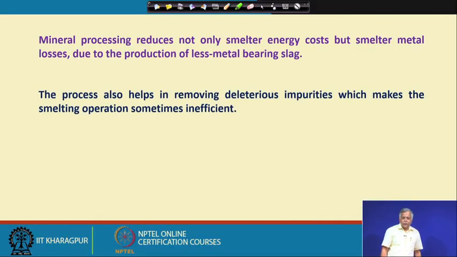Now, many times you may have good quality ore in sufficient quantities, but you may have some deleterious impurities which make the entire smelting operation sometimes inefficient.